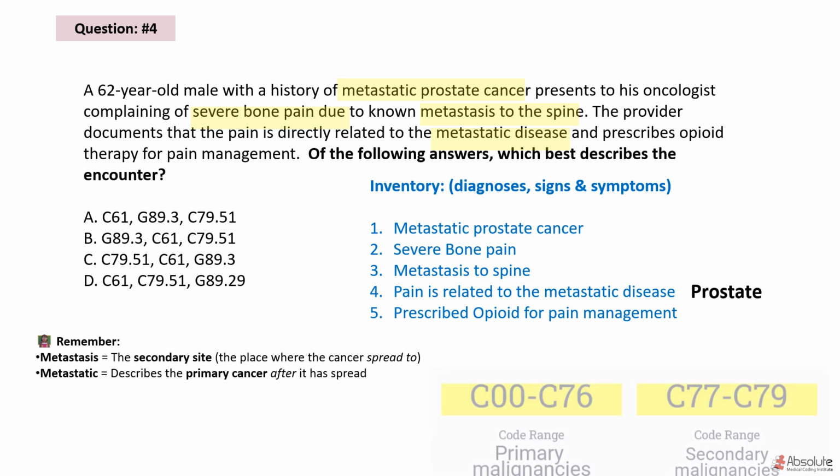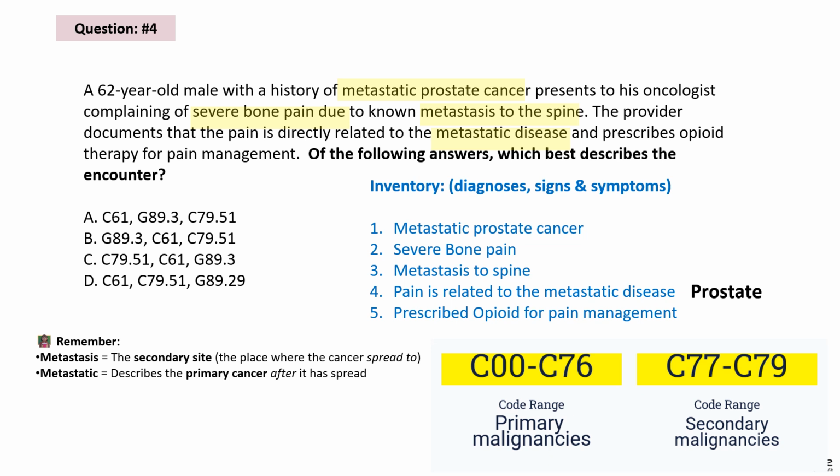And if you want to know how to recognize them, remember these code series that I've shown you earlier. C00 through C76. If it falls within this range, likely it's your primary diagnosis, your primary cancer. And if it falls between C77 and C79, it's often secondary cancer. So if we look at the answers, if the code falls between C00 and C76, we know that it's safe.